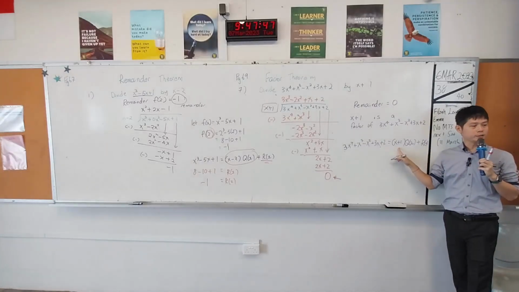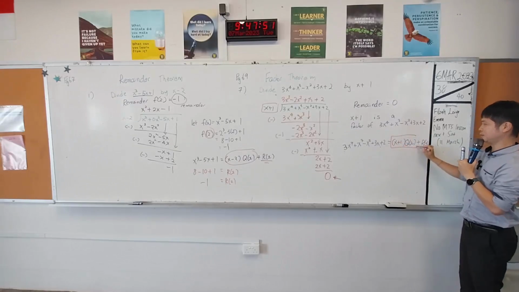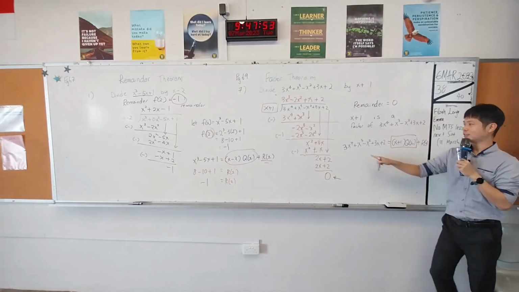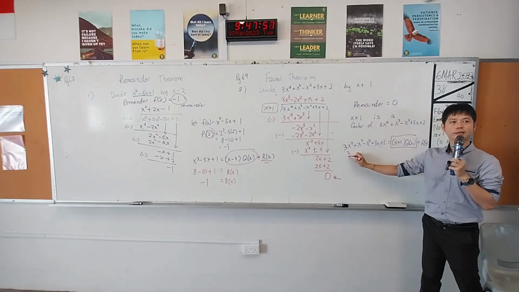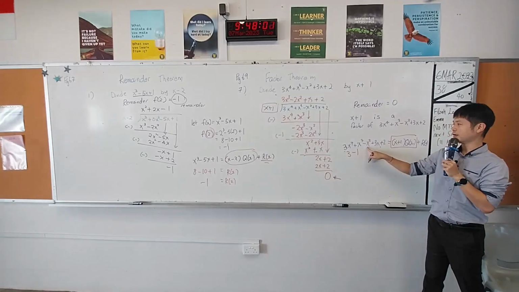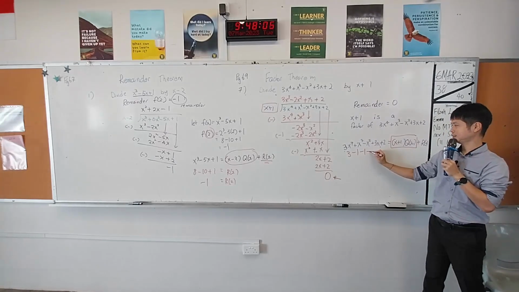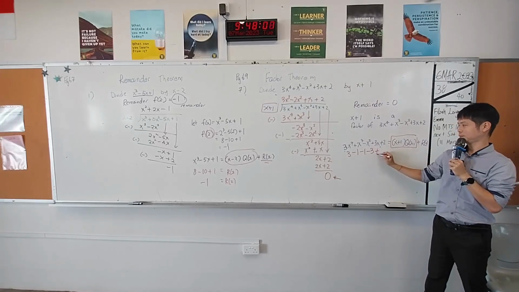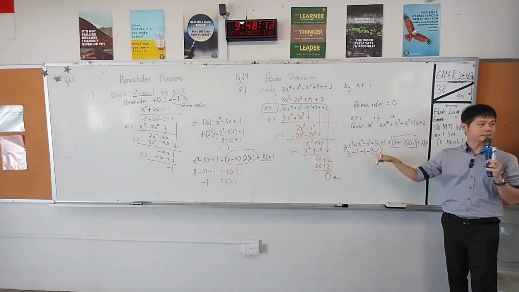What number do I sub in to remove this part here? -1, right? So I sub in -1. I will get 3, sub in -1, sub in -1, again -1. What do I get? You get 0.